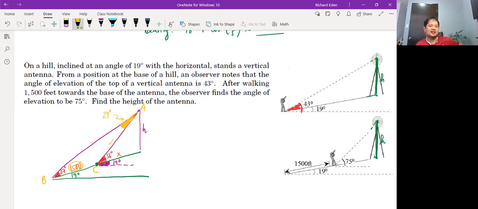I think we need to find AC. We can find AC, right? So at least let's plan. Okay, we know how to find AC. Think of it as our strategy, because maybe later we'll think, oh, it turns out I don't need AC. But at least I know how I can find AC.